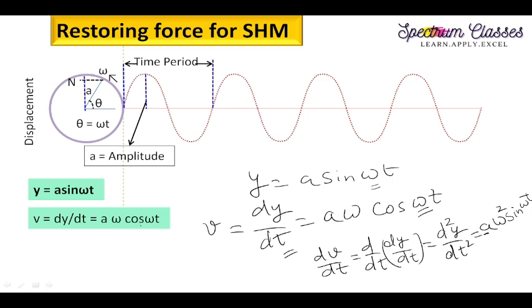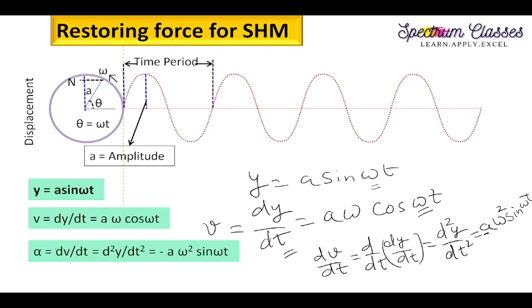So here I have done dv upon dt is equal to d2y upon dt square, which is equal to minus a omega square sine omega t, and this dv upon dt is our acceleration, which is represented by alpha. This is acceleration, right?